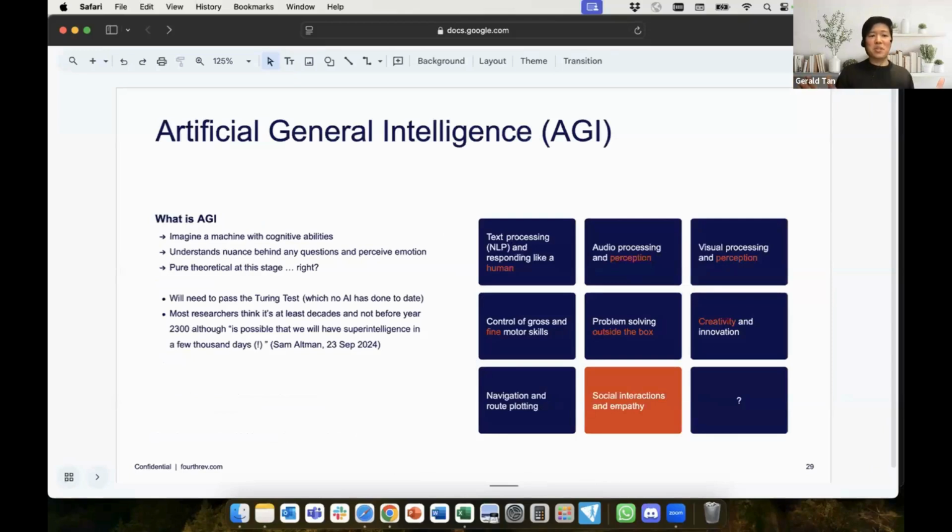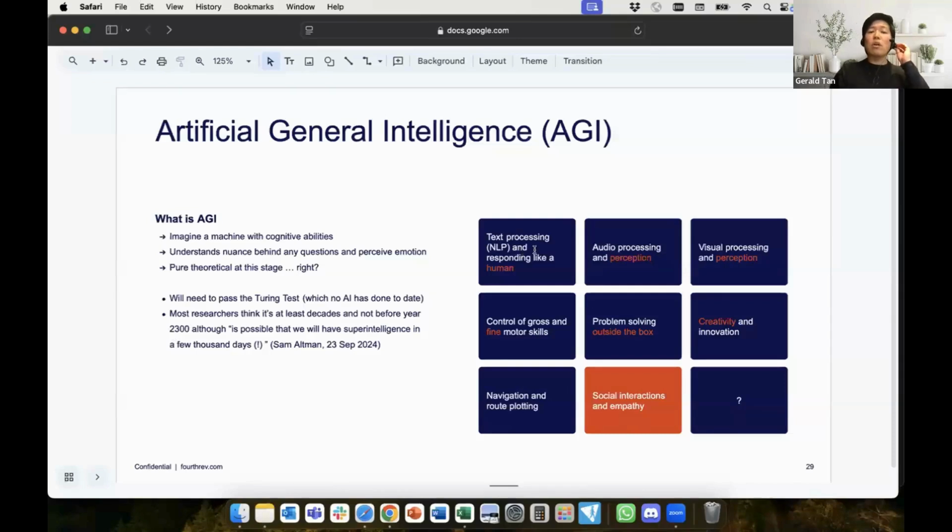But of course, it's all purely theoretical at this stage, unless it's not, because the CEO of OpenAI wrote a blog, and I'm going to share the link with you, that he thinks it's possible. While some scientists think it's going to be the year 2300 before we see it, he thinks it's going to happen within a few thousand days, perhaps. So maybe it's not as far as we think.